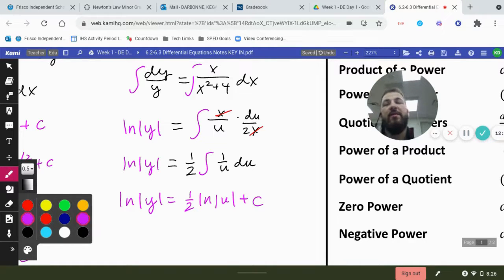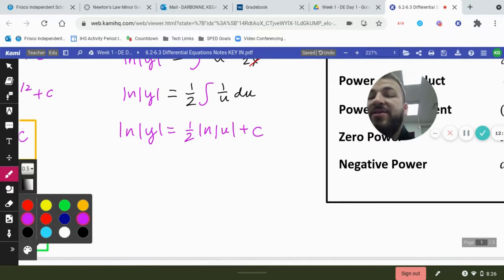But of course this time, because it's my right side, I'm going to tack on that plus c. Okay, so from here I just need to plug back in my x, so we get natural log of absolute value of y is equal to 1/2 natural log of the absolute value of x squared plus 4, and then of course your plus c.